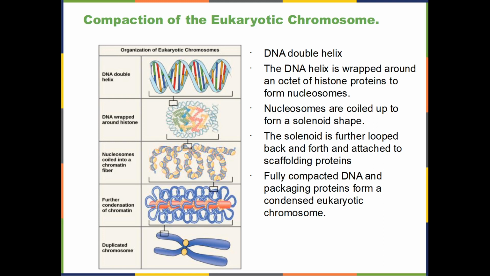These are proteins that bind to the DNA and wrap it around themselves. That allows it to become more compact. And those histone molecules then form larger coils, which then form more complex coils, and eventually they can be condensed further into these chromosomes that we saw when we looked at metaphase during the cell cycle.